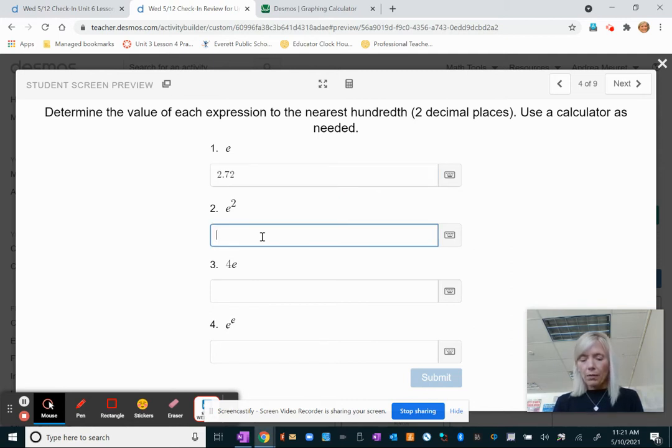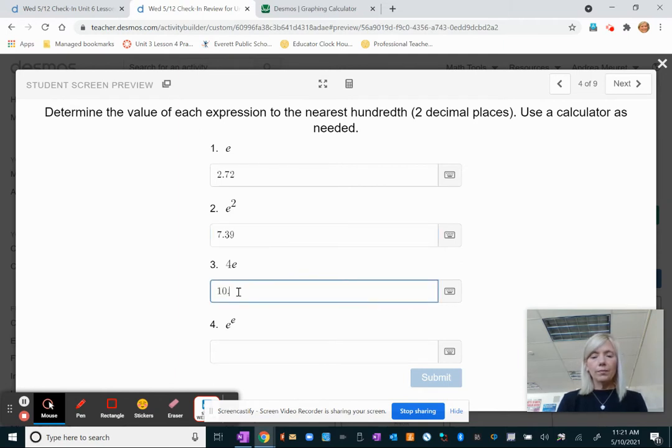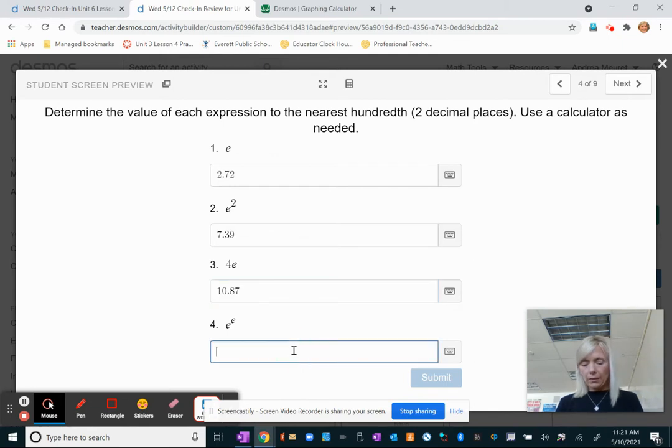You should get about 7.39 if you round correctly. Next is 4E, and I'm getting 10.87 for 4E. And finally, E to the E, 15.15.